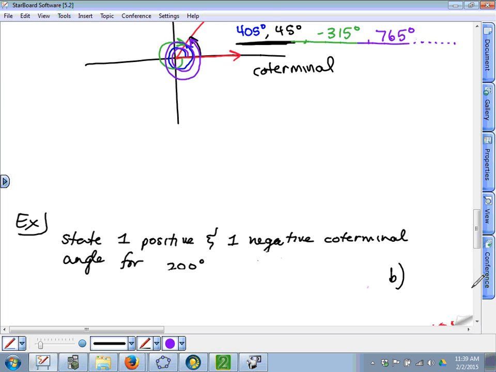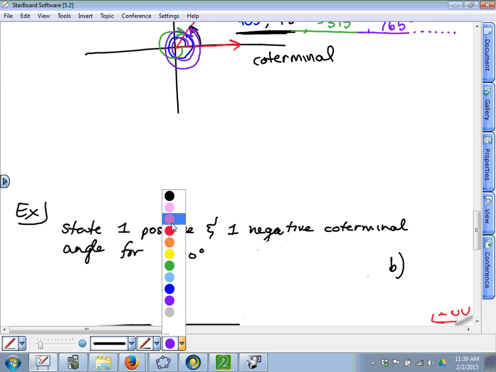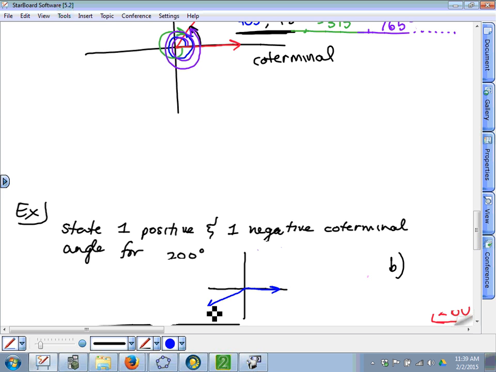You don't have to draw this, but it might help if you draw it. Take like 20 seconds.